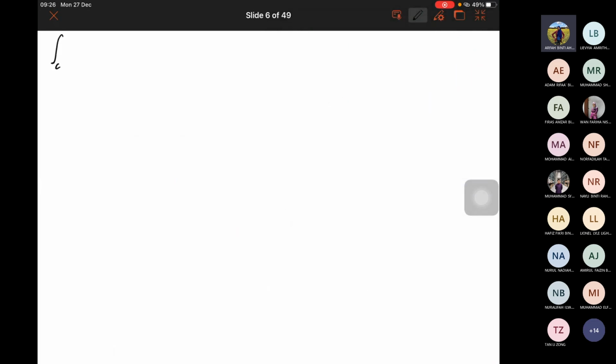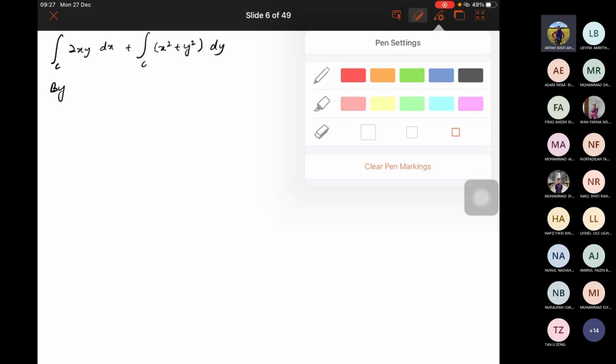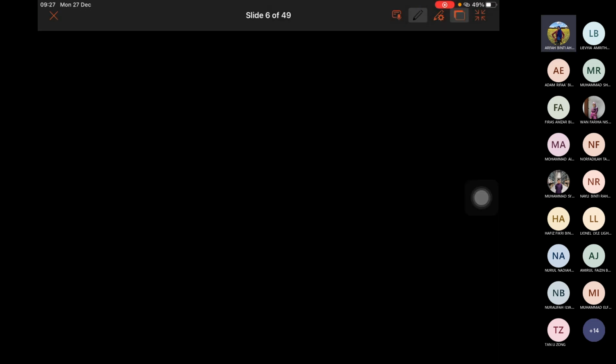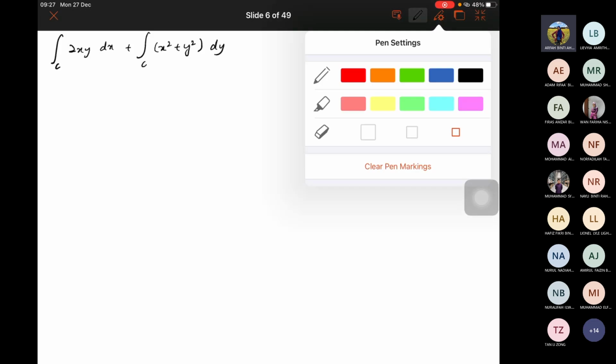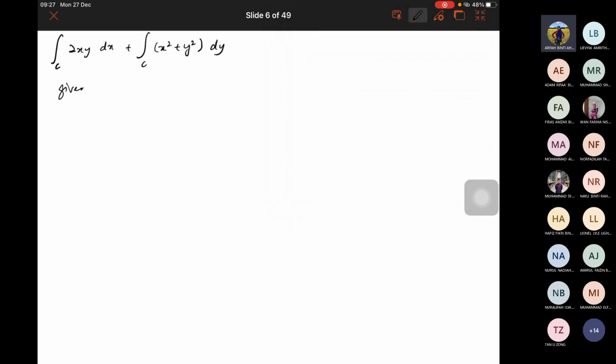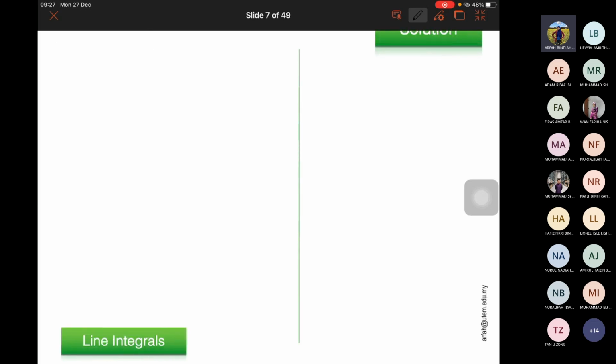Integration over the curve C 2xy dx plus integration over the curve C x squared plus y squared dy. So given, okay, given x of t equal to cos t and y of t equal to sine of t.